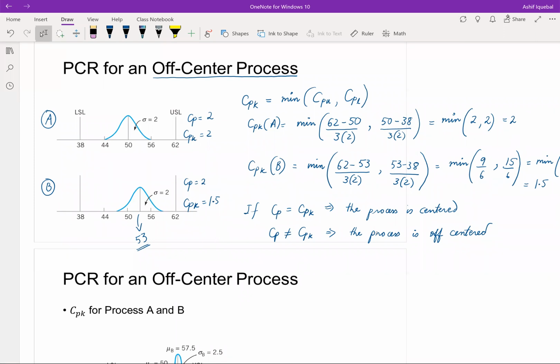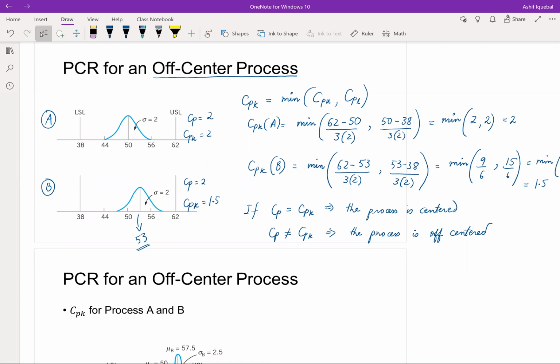All right, any questions on this one? So remember, if the mean of the process shifts, you can no longer use the formula for CP. You have to use the formula for CPK, okay?